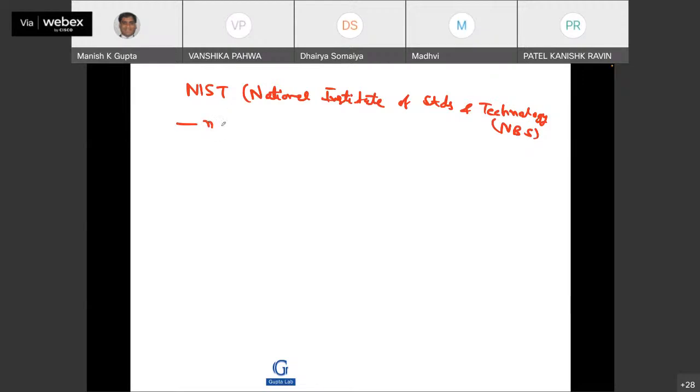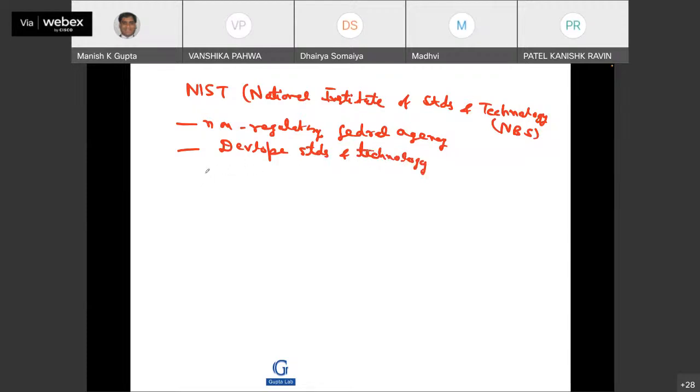It's a non-regulatory federal agency that develops standards and technology in the US, including cryptographic standards and applications.